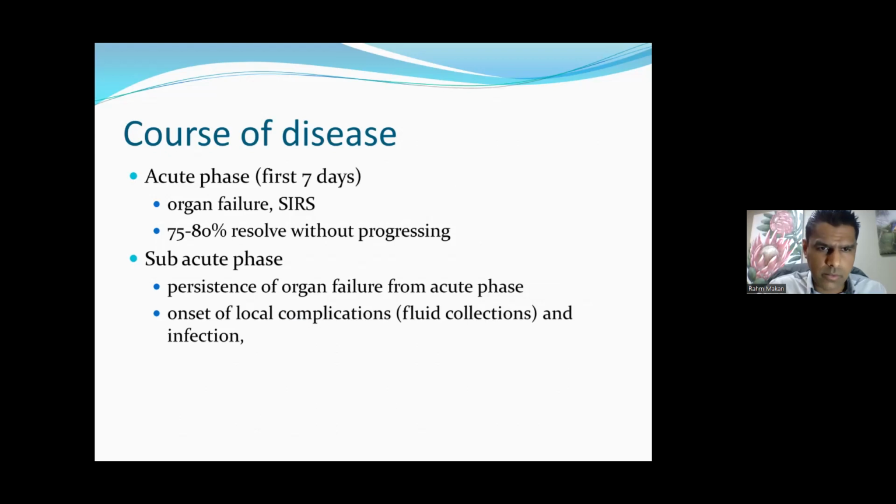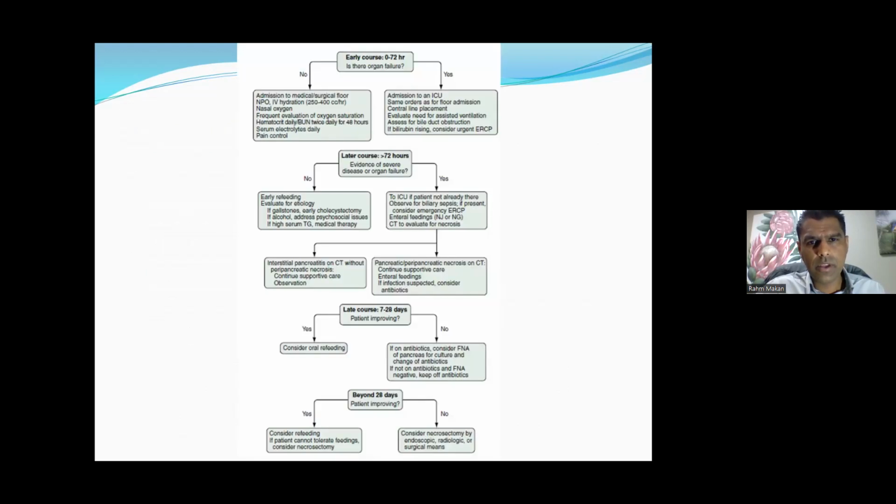And then you get the subacute phase, which is 7 days and beyond, where they may have persisting organ failure from the acute phase, and then you may have the onset of complications, which is your presence of fluid collection and then infections thereof. This is just a flow chart of how to manage these patients according to their presentation and time interval.